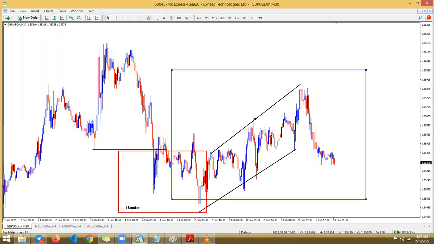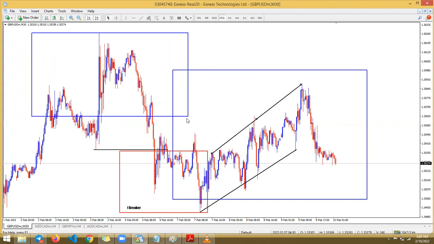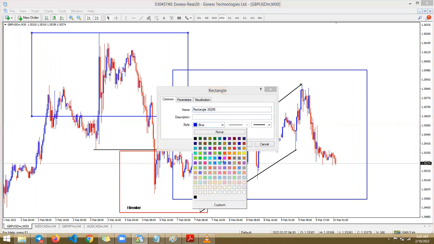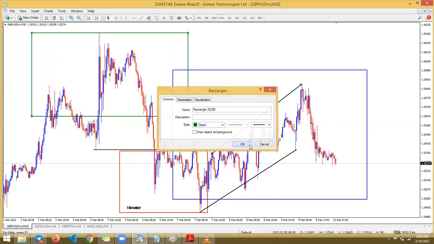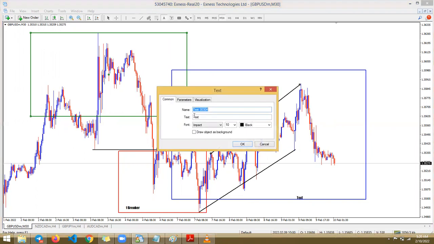Then finally, we have to look out for our decision point area. So this is our decision point area right there. Let me label it as maybe a green. Our decision point area is right there. So step number two, approach of price right there.